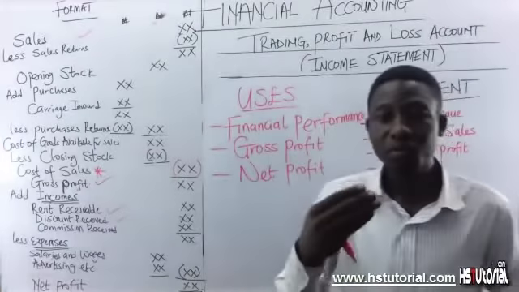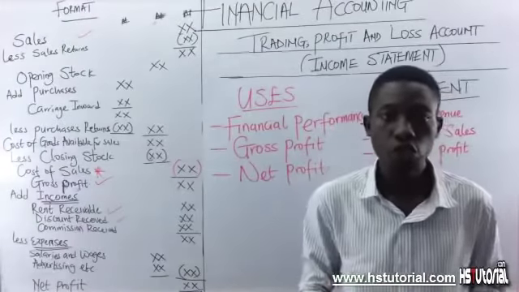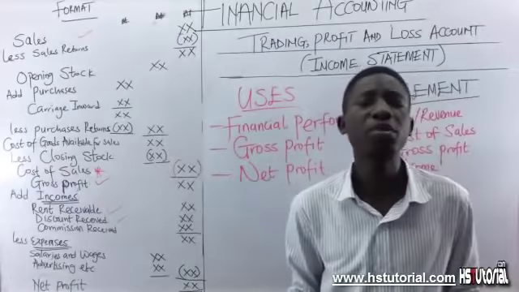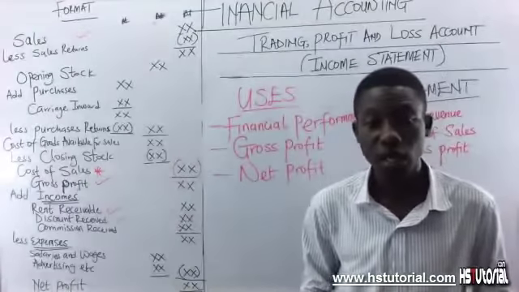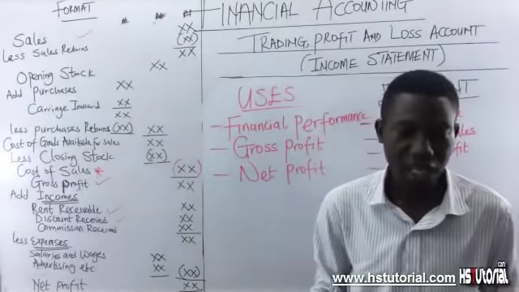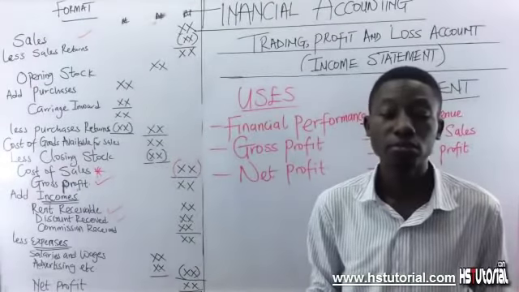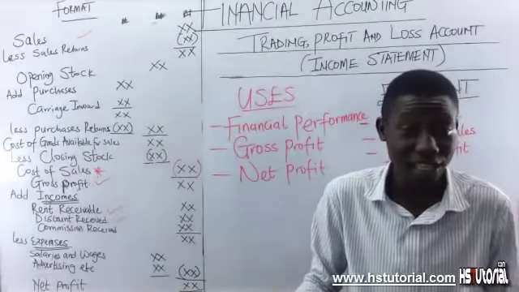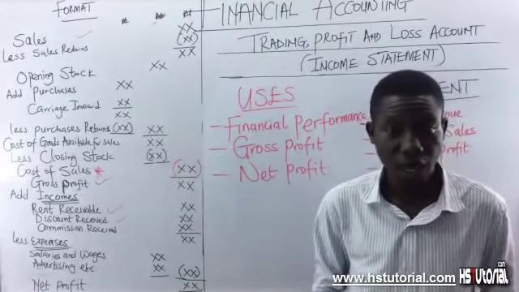Now let me explain provision to you. What does provision mean? Provision means the amount you set aside for a specific purpose. The amount you set aside for bad debts. That's the debt that you know there is no way you can get back.